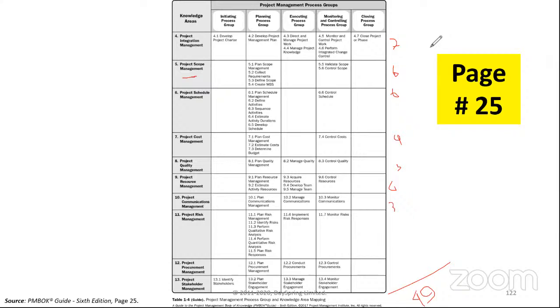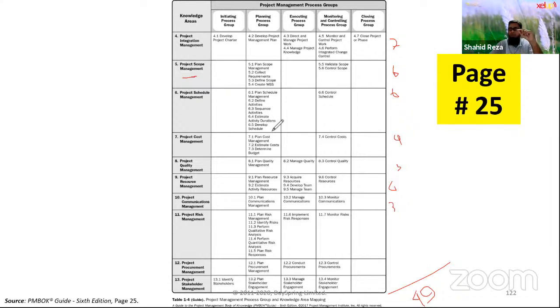Right? Okay. So let me explain one thing. If you look closely at project cost management, these 4 processes, plan cost management, estimate cost, determine budget, control cost, all are talking about what? Project budget or cost, right?